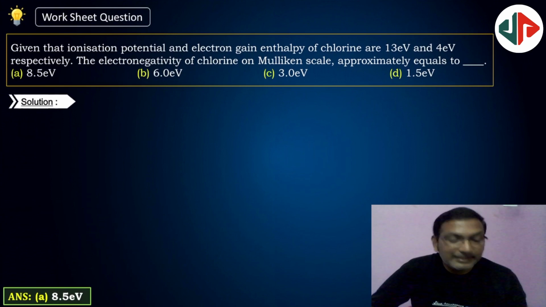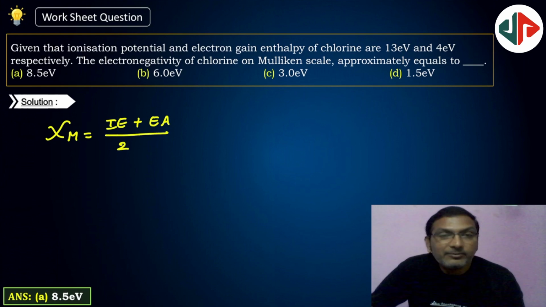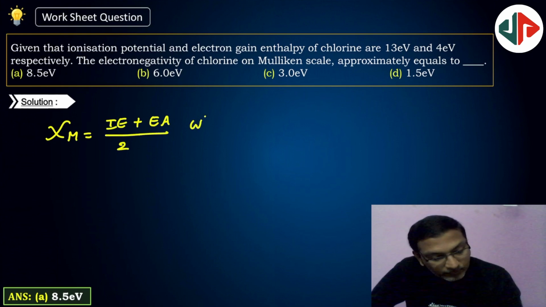So, Mulliken scale of electronegativity. Electronegativity on the Mulliken scale equals ionization energy plus electron affinity by 2, the average of I and A, when IE and EA are in electron volts per atom.